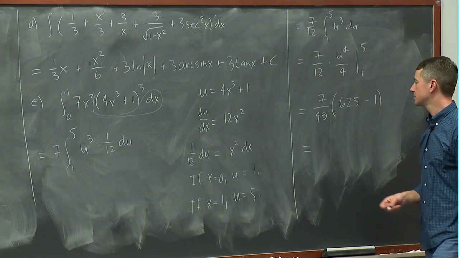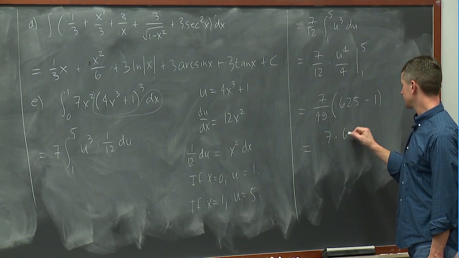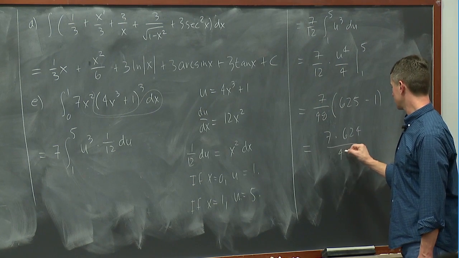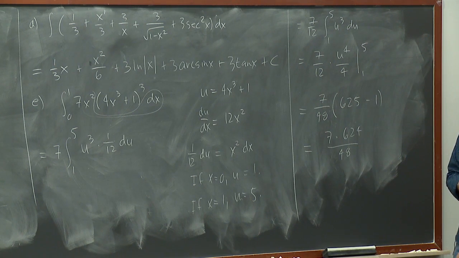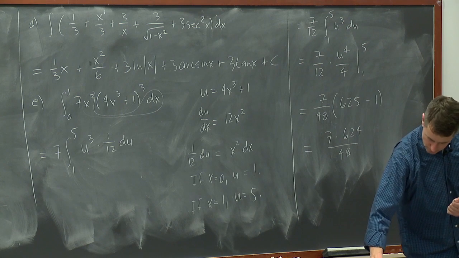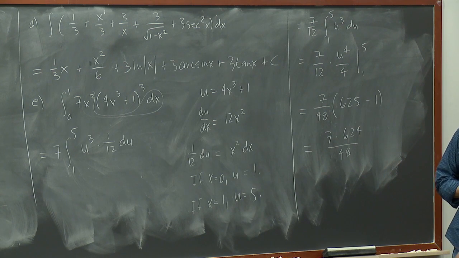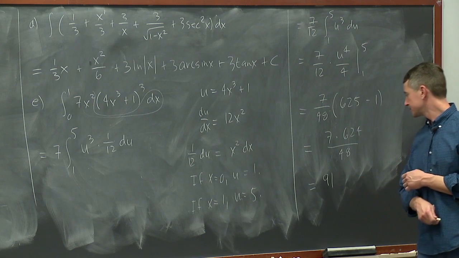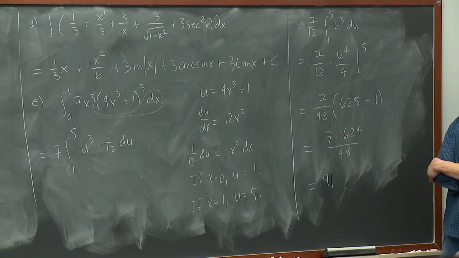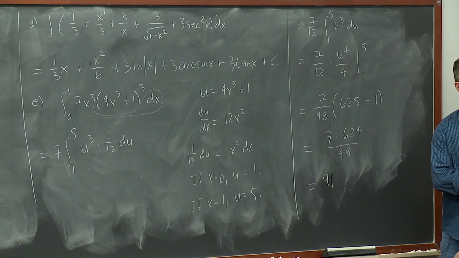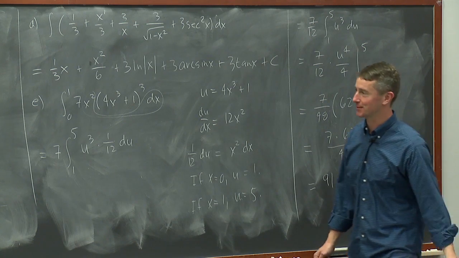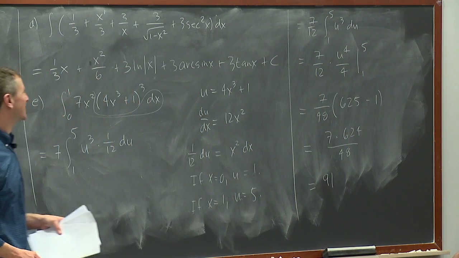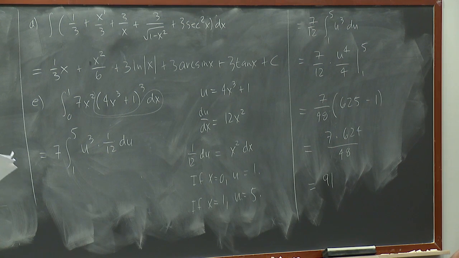And so that's 7 times 624 over 48. I think, if I was right, that works out to 91. 620 over 48 is 31. I mean, it's 13. 624 over 48 is 13. Yes, it is. Just chance that worked out to be an integer. Any questions how we do substitution to find a definite integral?